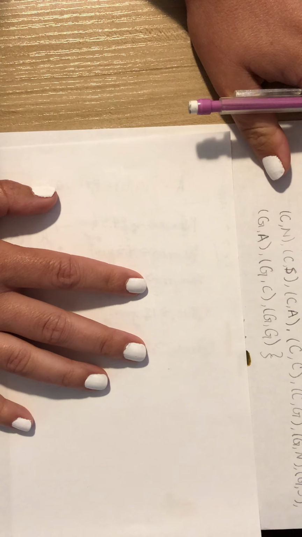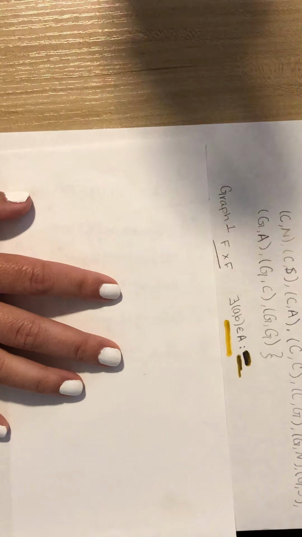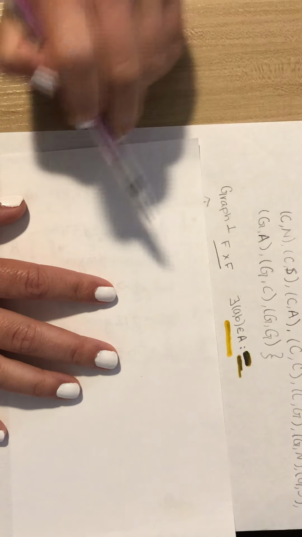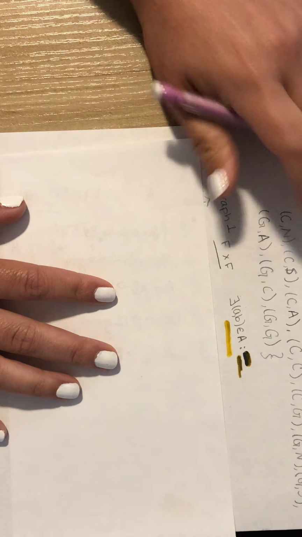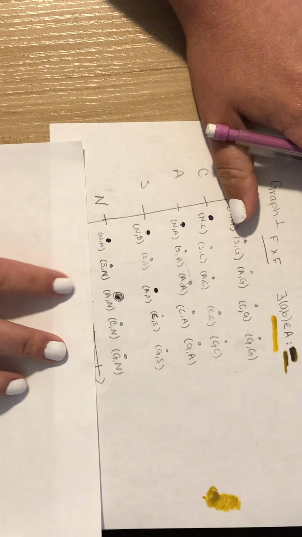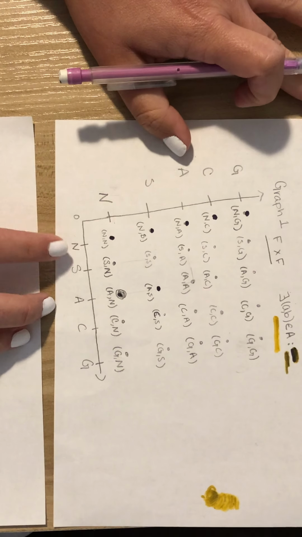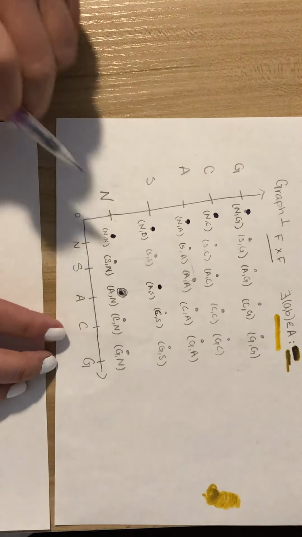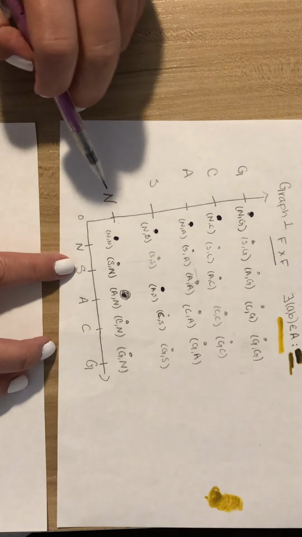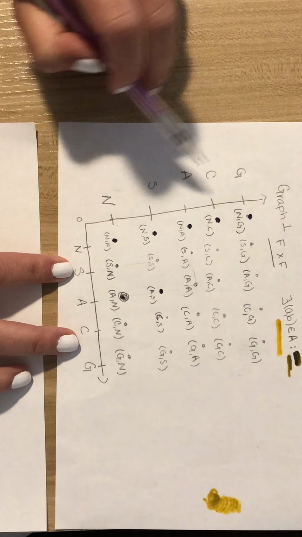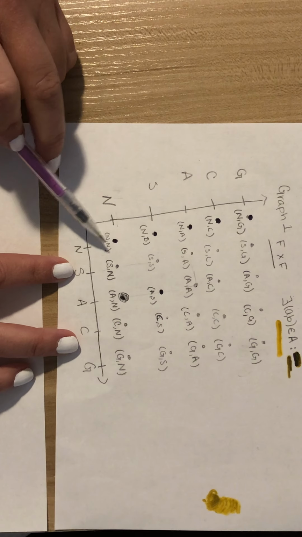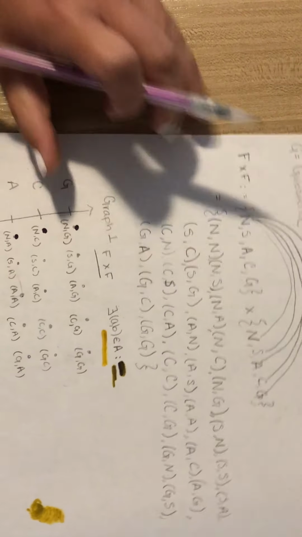So now we're going to represent this graphically. Ignore the yellow for now. We'll talk about that in a minute, but we're going to represent the cross product of F and F in a graph. So you can see that I've made the x-axis here in N, S, A, C, G. That's the components within the set F, and then also here on the y-axis in N, S, A, C, and G. And I've plotted the points for each of these up here.